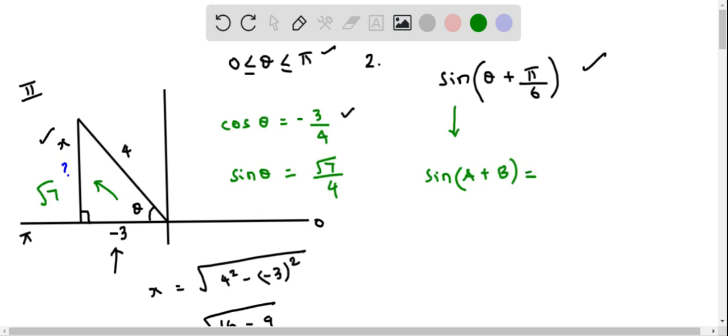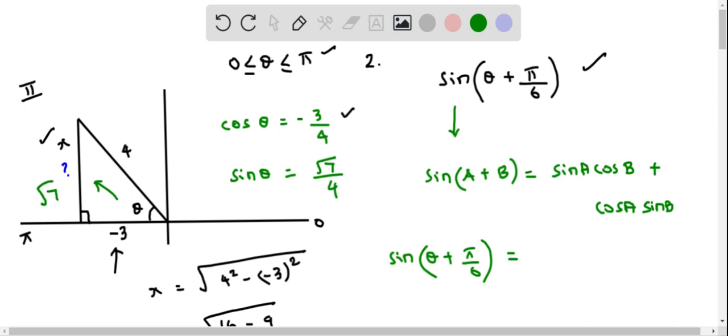This equals sine a cosine b plus cosine a sine b. We replace a by theta, so we can expand this using this sum formula, and b by pi by 6. And so we write the expanded form of sine of theta plus pi by 6.